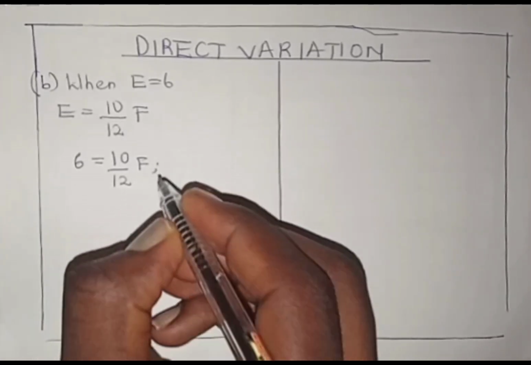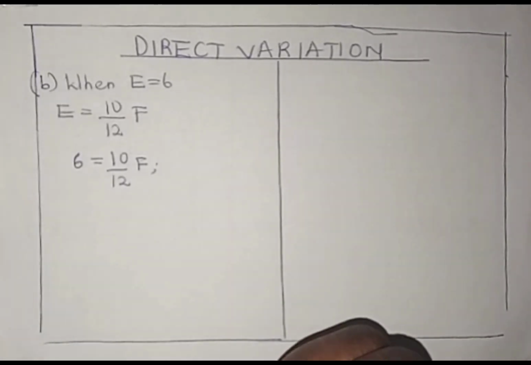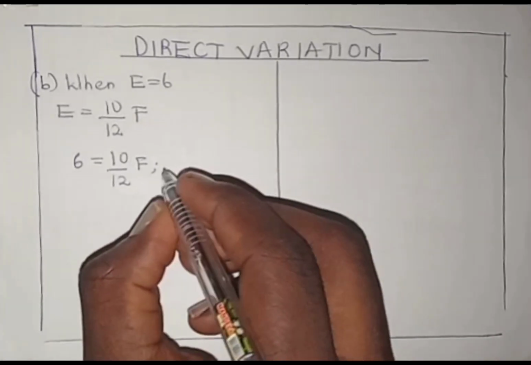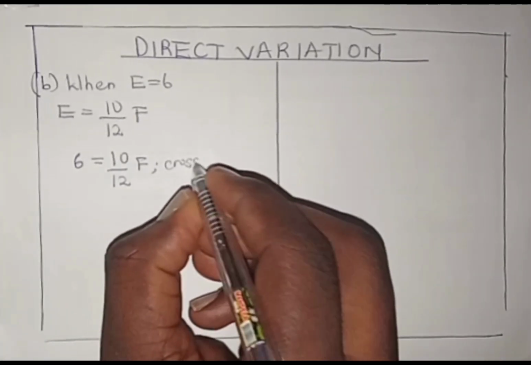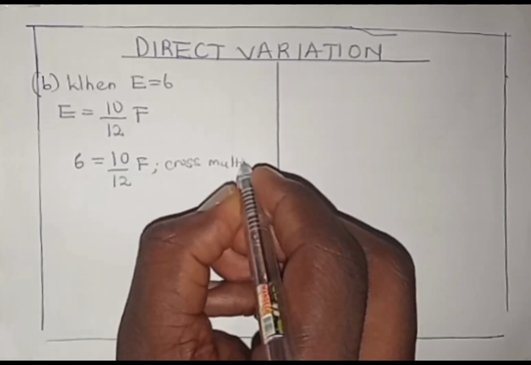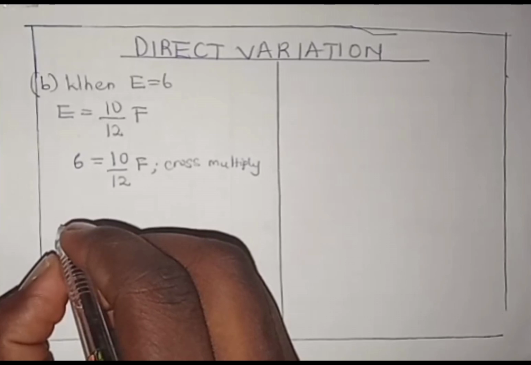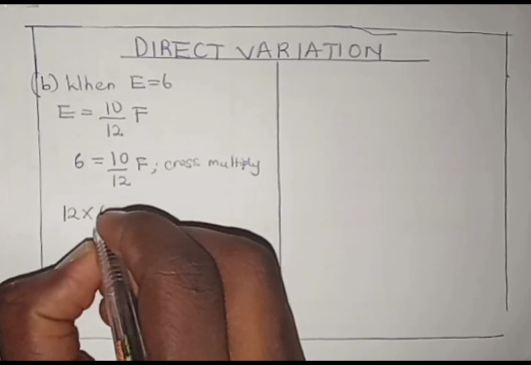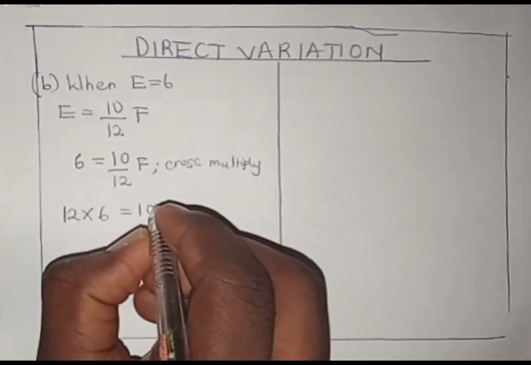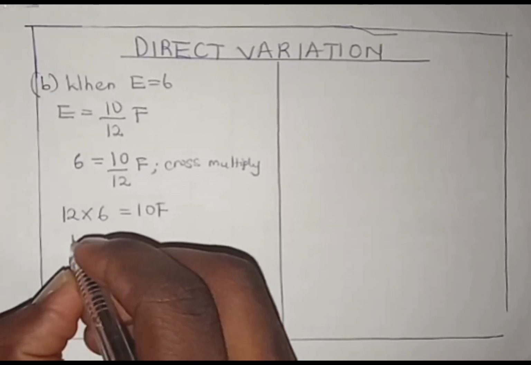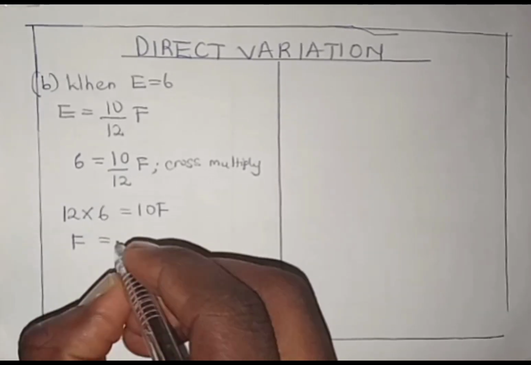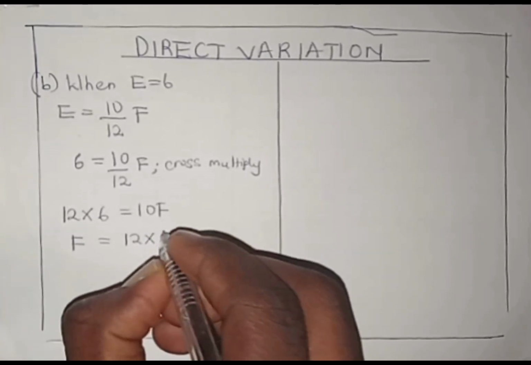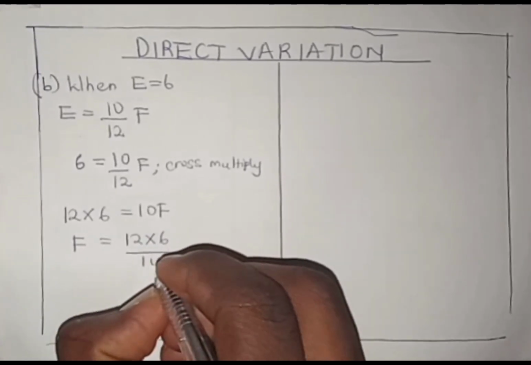We are then going to cross multiply to make F the subject of the formula. Cross multiply, which will now give us 12 times 6 equals 10F. So F will now be equal to 12 times 6 all over 10.